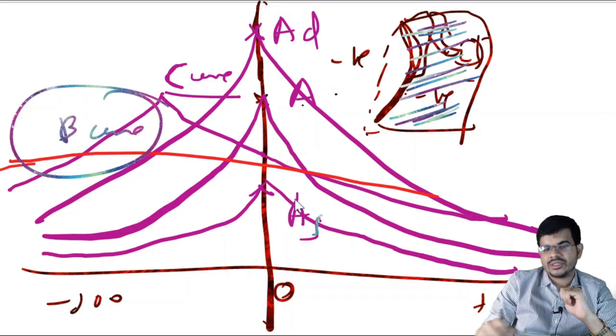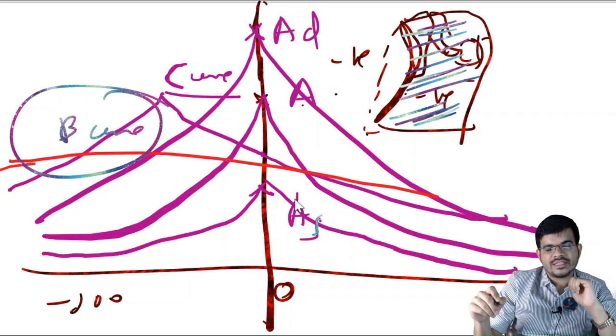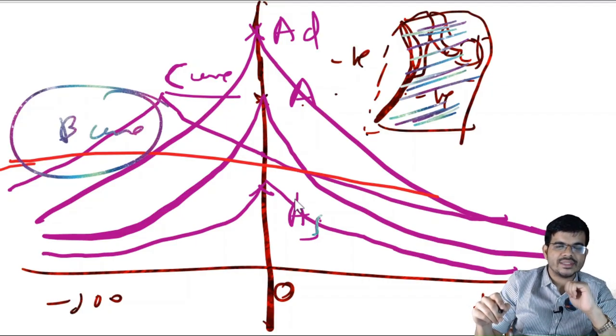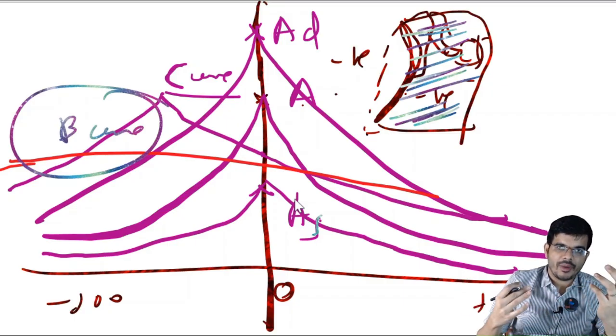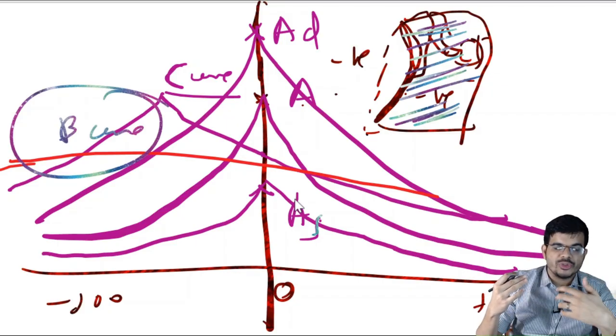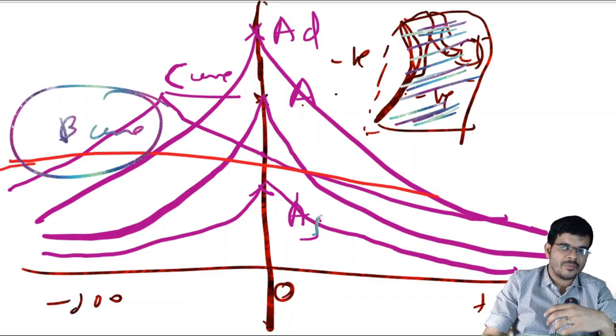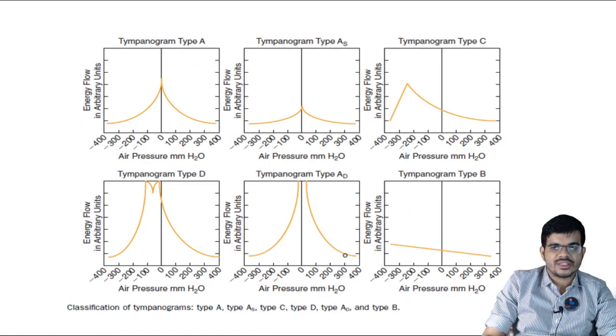S for stapes, and A is the normal curve, and C is the curve where there is eustachian tube dysfunction, and B curve means you have fluid within the middle layer. It could even be a hemotympanum, need not be due to eustachian tube dysfunction, where you have blood within. After a history of trauma, you have to suspect that.